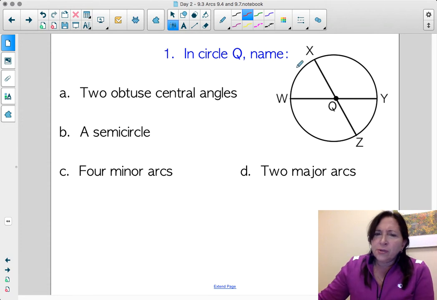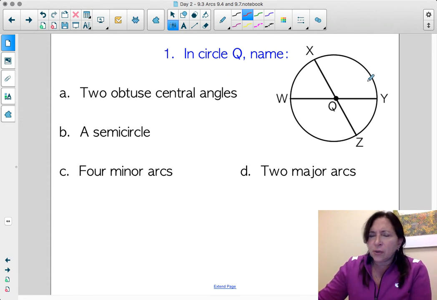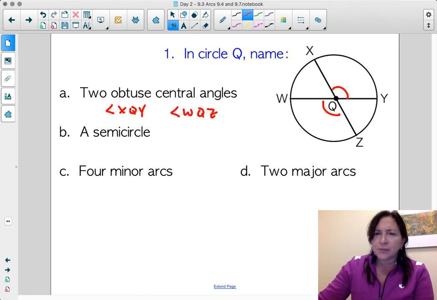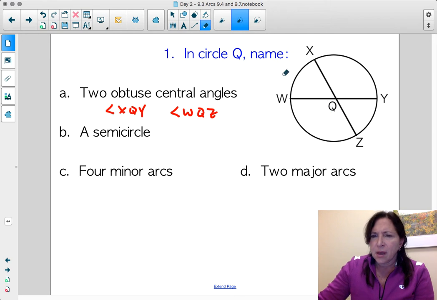So what we're going to do is look for two obtuse central angles. Two obtuse central angles would be this one right here, which would be angle XQY, and also this angle here, which is angle WQZ. Those are two central angles. In addition, we have a semicircle.